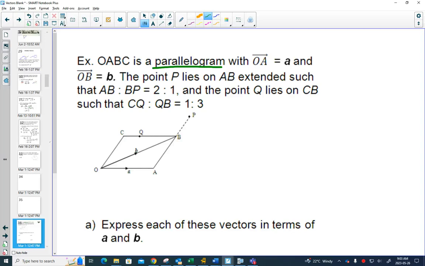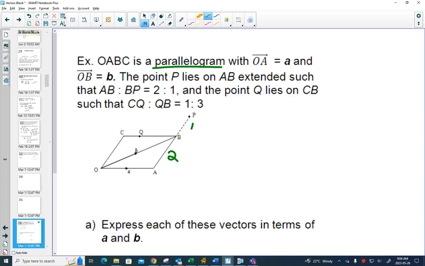And here we've got a couple of points. We extended to a point P so that the ratio from A to B to B to P is 2 to 1. So that means that if this length is 2, this length is 1. It could be that this length is actually measured to be 10, then this length, actual measurement, would be 5.